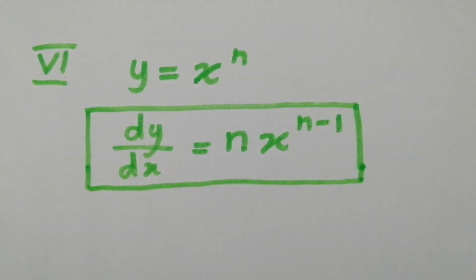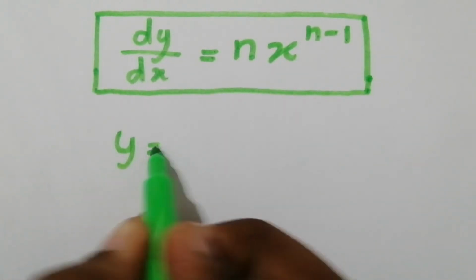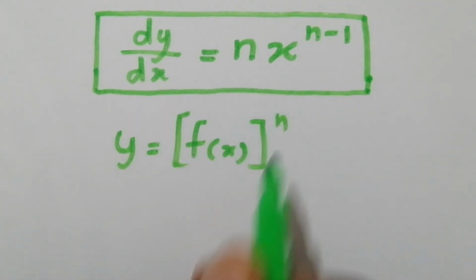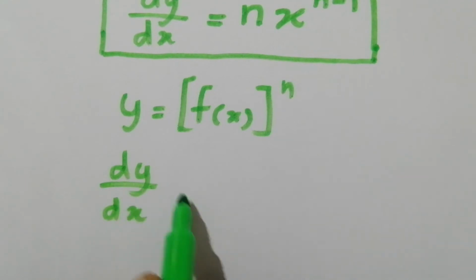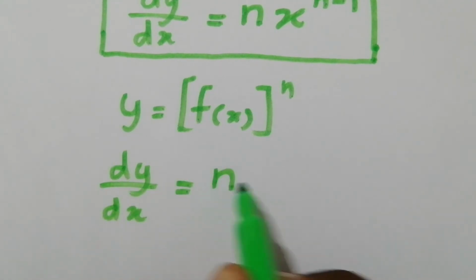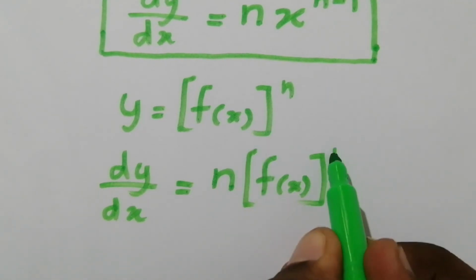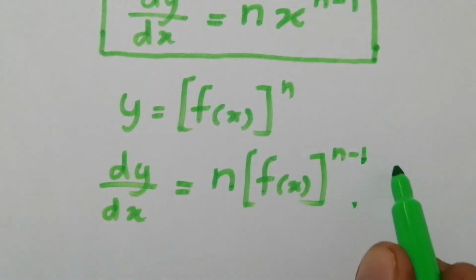When y is written as a power of a function, we can write the derivative dy upon dx is equal to n times f(x) to the power n minus 1 times the derivative of this function.